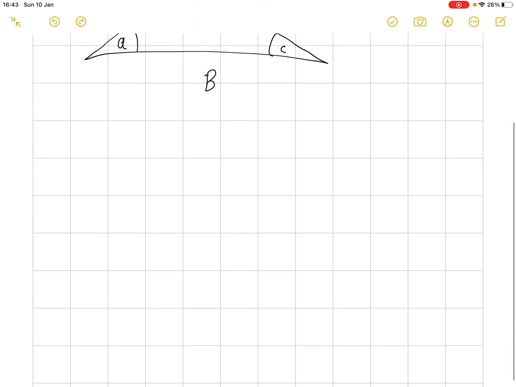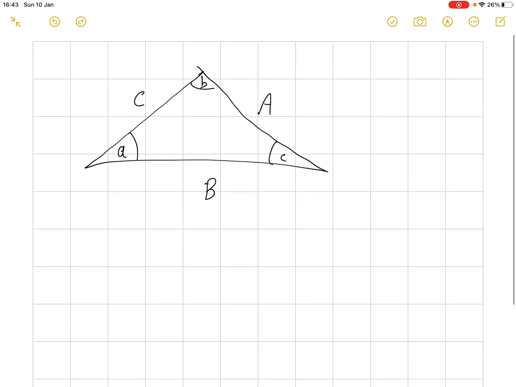The cosine rule tells us this. It tells us that a squared is equal to b squared plus c squared minus 2bc cos a.